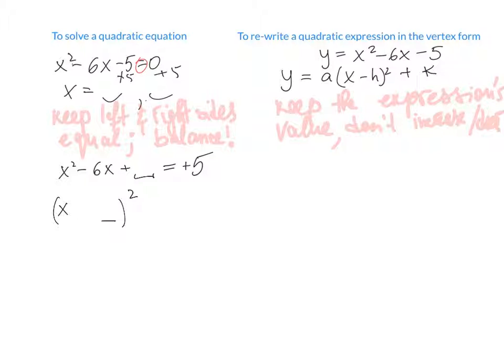If 6 is my double product, then this must be 3. It should be minus as well because we must preserve that sign. So let's check that. If we expand this perfect square trinomial, we are going to have x squared minus double product 3 times x times 2, good, plus 9. So that's what I want.